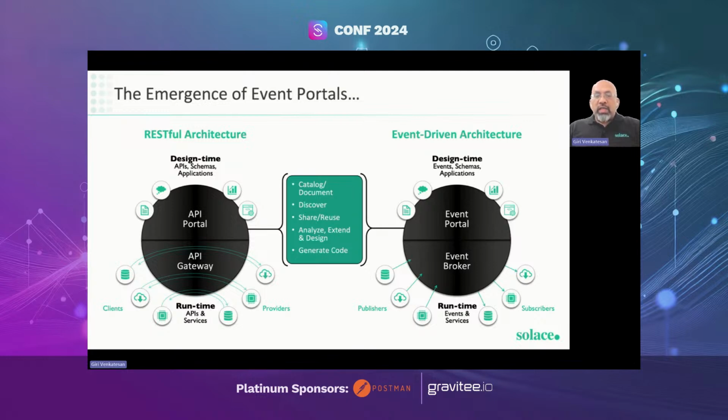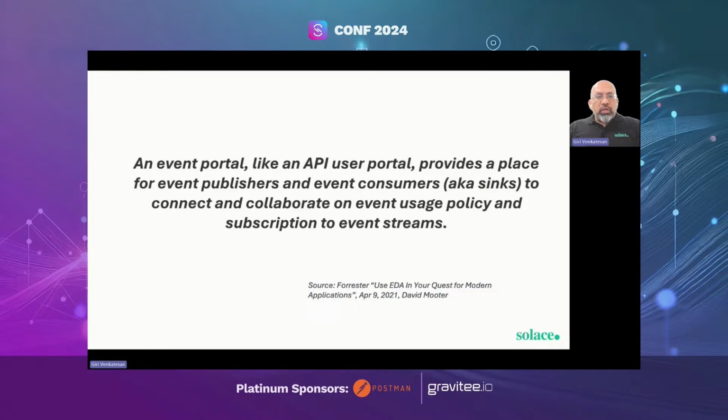And enter AsyncAPI, the widely adopted standard for documenting asynchronous services with its rich toolset, making it possible to generate code as well. According to Forrester, a simple definition of event portal: it's like an API user portal, providing a place for event publishers and event consumers to connect and collaborate on event usage policy and subscription to event streams.